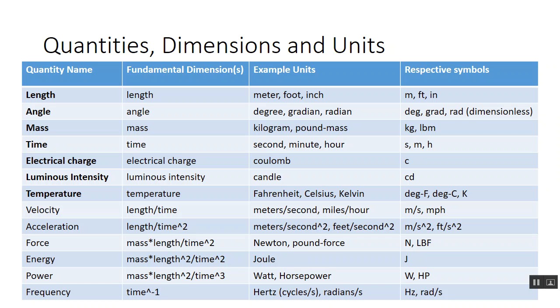If this is review, there really are only a few fundamental dimensions, and then a whole bunch of different units and combinations. Velocity isn't its own dimension, it's a length per time dimension, so it's a derived dimension. This is old stuff, right?